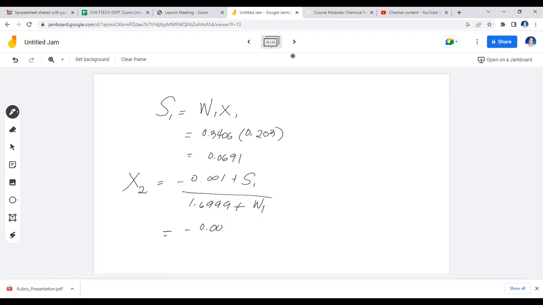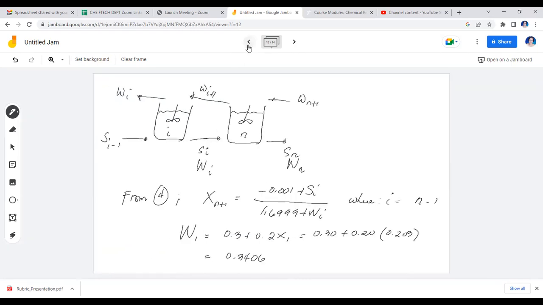So negative 0.001 plus 0.0691, this one here, divided by 1.699 plus the omega 1, which is 0.3406. So you're going to get an x2 value, which is 0.03337.